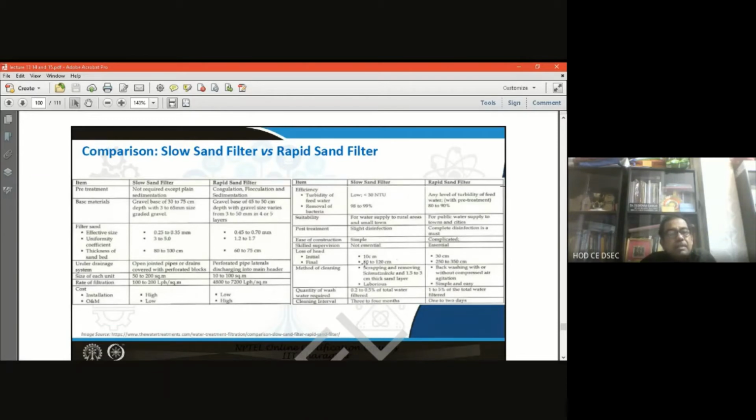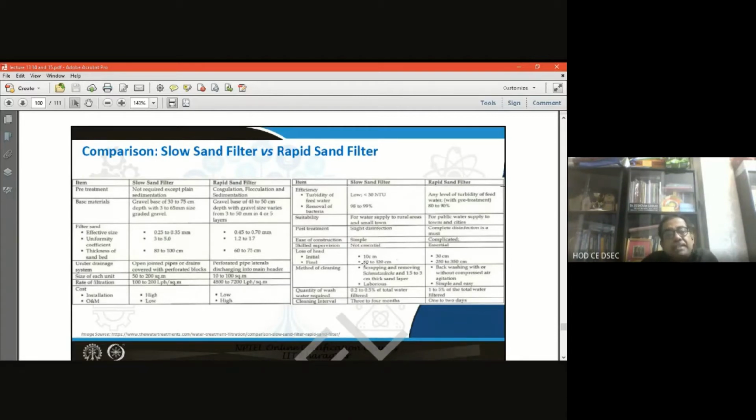First of all, pre-treatment. In case of slow sand filter, only primary sedimentation is sufficient. Again I repeat, in case of slow sand filter, the pre-treatment is only the plain sedimentation tank, nothing else is required.